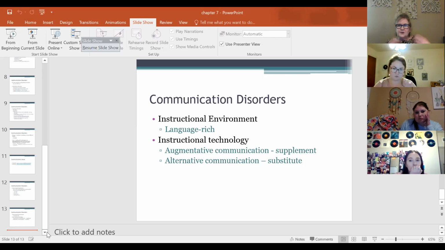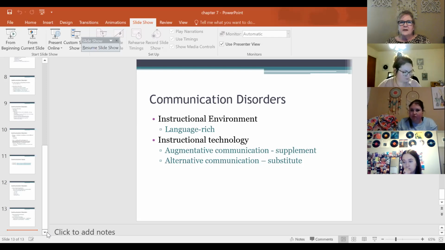And then voice, when the pitch or timbre of a voice is not where we would typically expect it to be, and perhaps damage is being done. So those 4 different types of communication disorders is what we would find under the speech impairment category. Any questions?